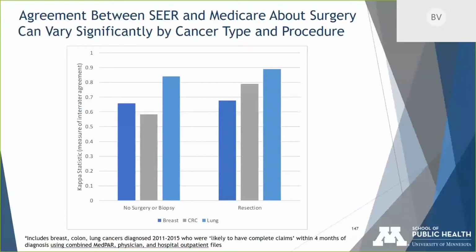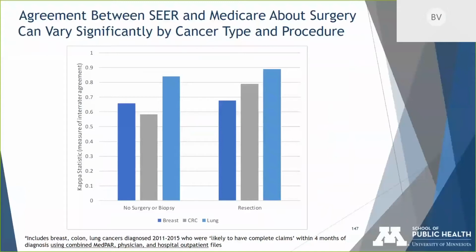And we looked across a combination of their hospitalization or Medpar bills, their physician and hospital outpatient files. And here you can see the overall agreement between SEER and Medicare in 2 areas. First, we looked at whether or not they agreed regarding whether those individuals had a surgical resection for their cancer.